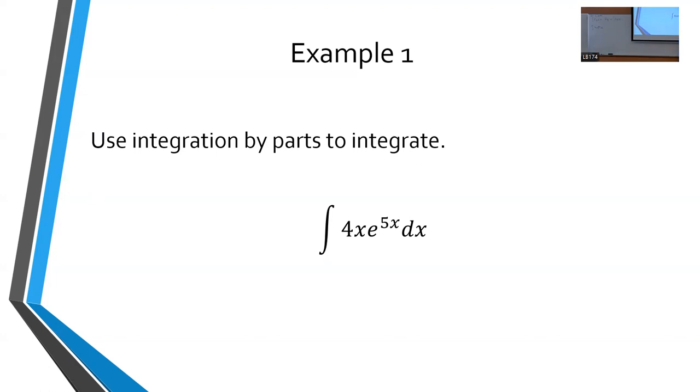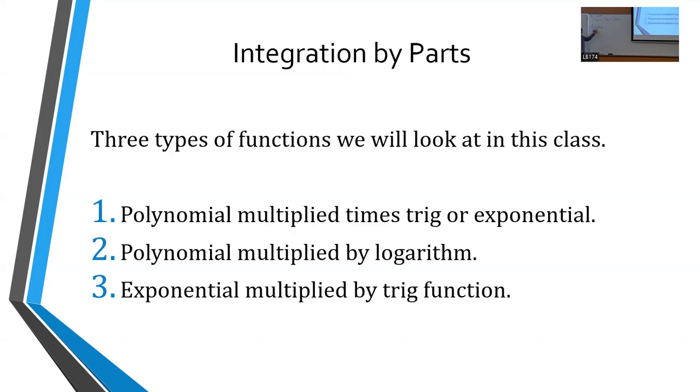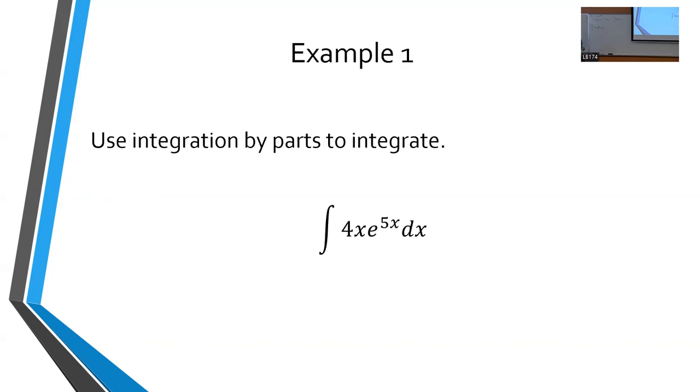You're still going to have variables in the exponent of e and also in front of e being multiplied. Notice this is polynomial 4x times an exponential function e to the 5x. All right, so this is type 1 of those problems we mentioned.